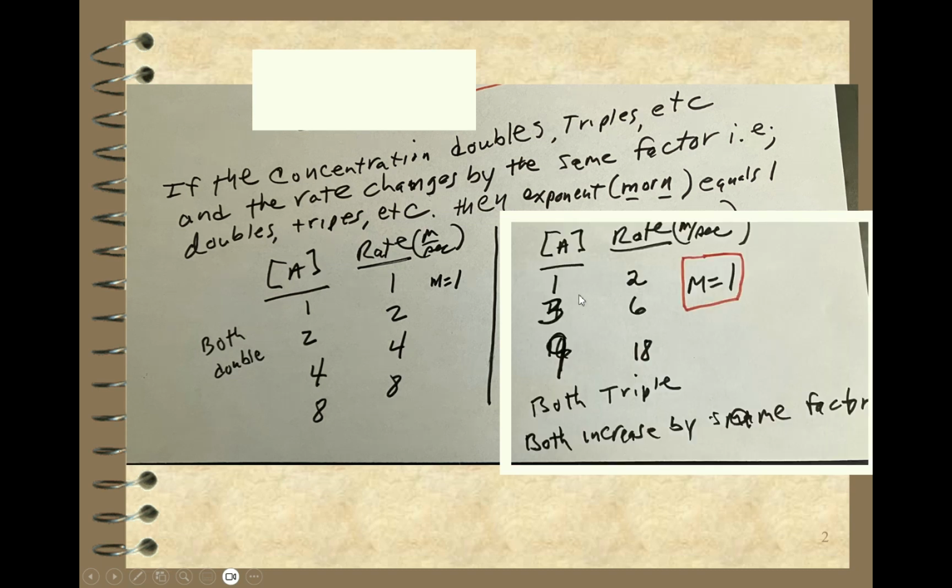So each of these is multiplied by 3, and you find that each of these is also multiplied by 3, m is equal to 1. Or you could say, notice that each of these triple, and the rate also triples, multiplied by 3. If that's the case, they both are multiplied by the same factor, increased by the same factor, then m is equal to 1. And the same thing would be true for B.